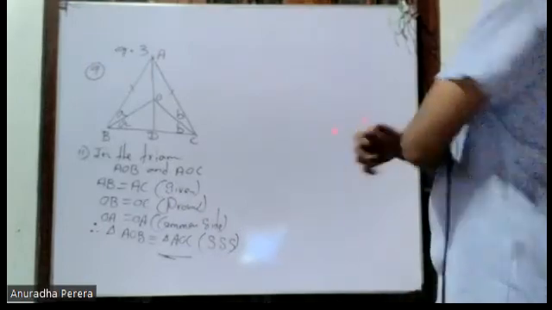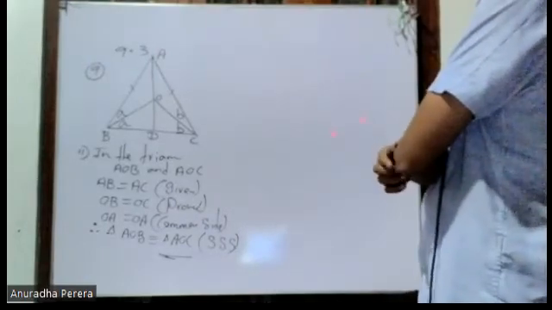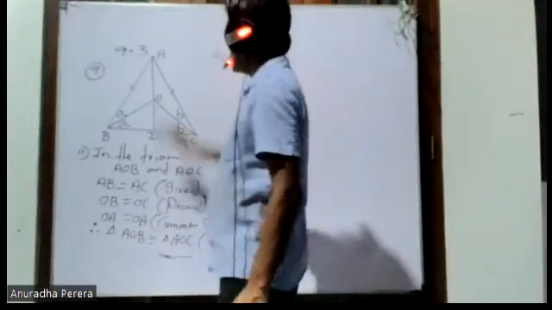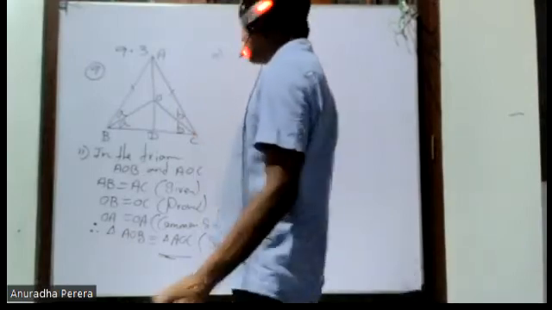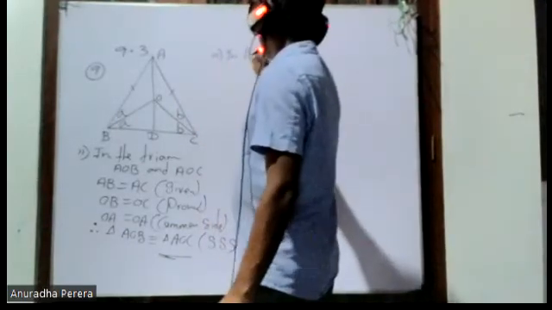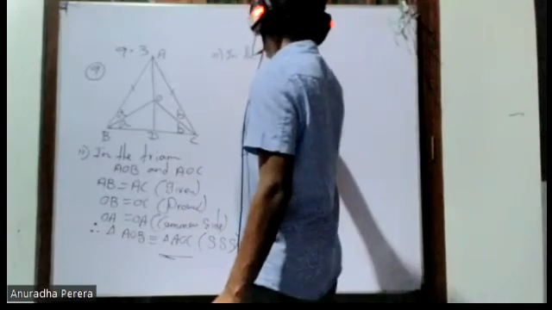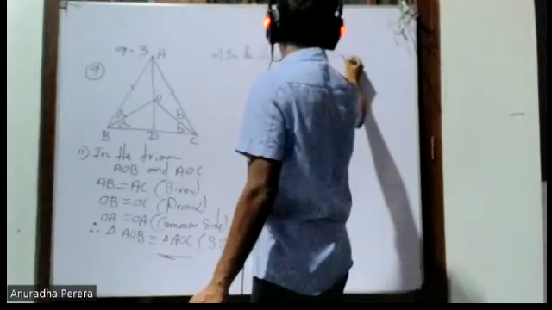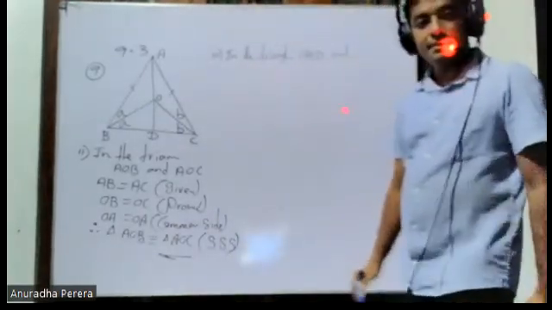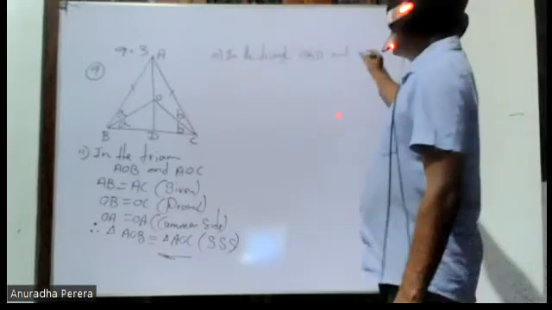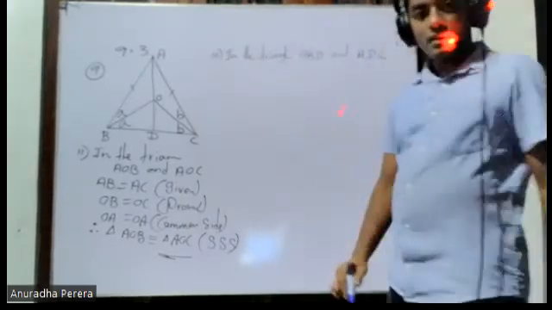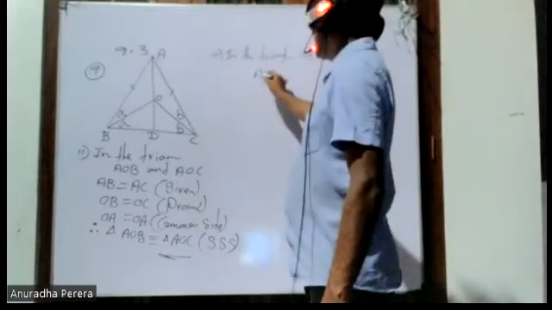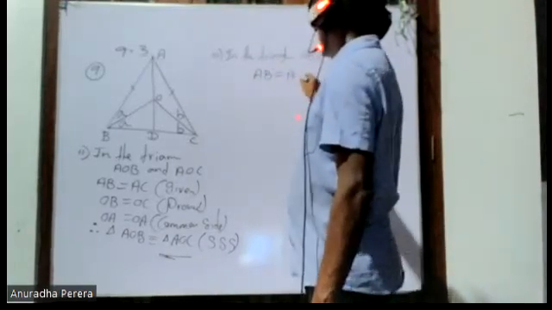Right. You can do it like this. First prove ABD and ADC are congruent triangles. In the triangles ABD and ADC, we know AB equals AC, given.